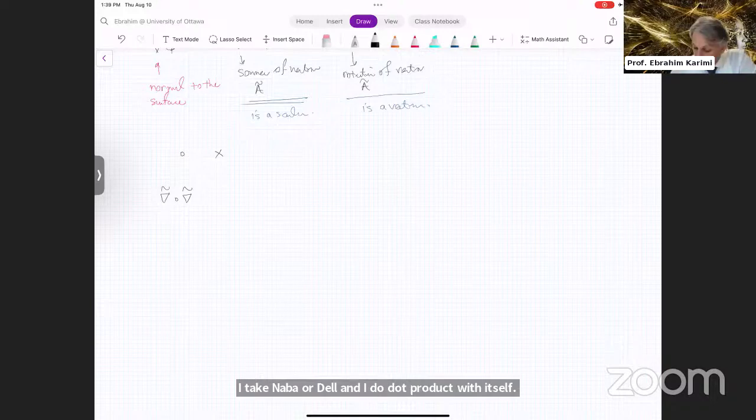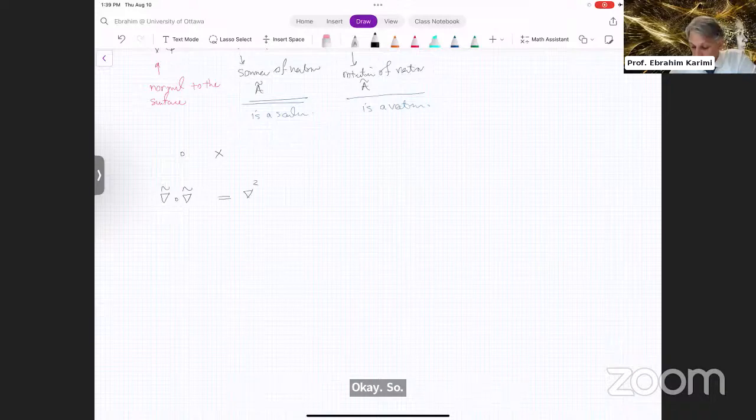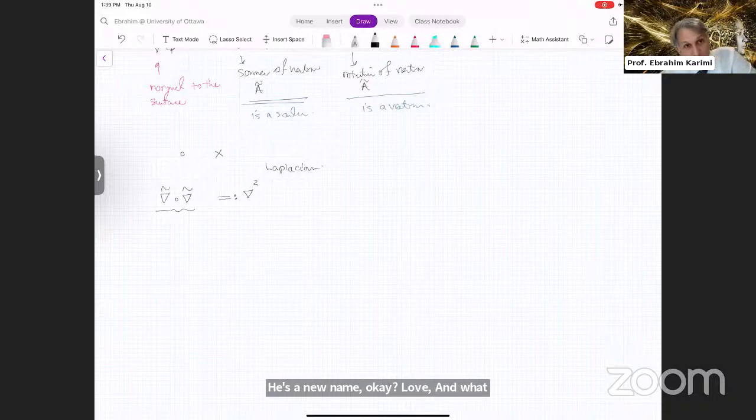We call this the Laplacian, a new name. And what are you expecting? Is it a scalar quantity or a vector quantity? Can you type in the chat or in the Q&A? Scalar, be careful.